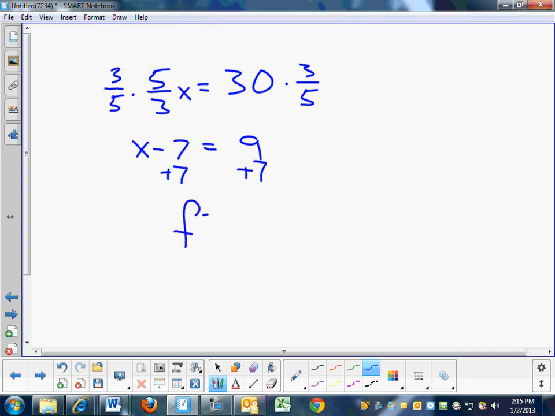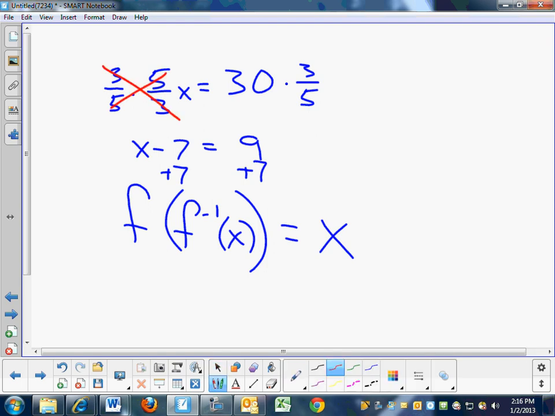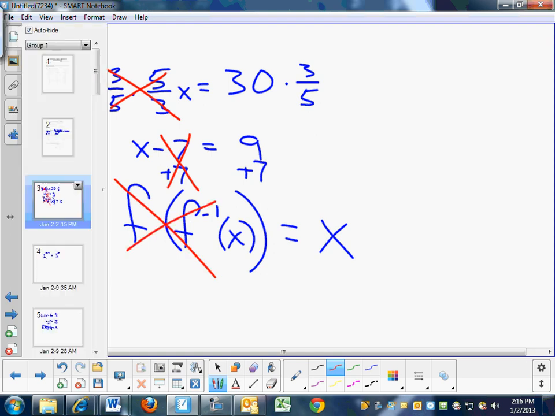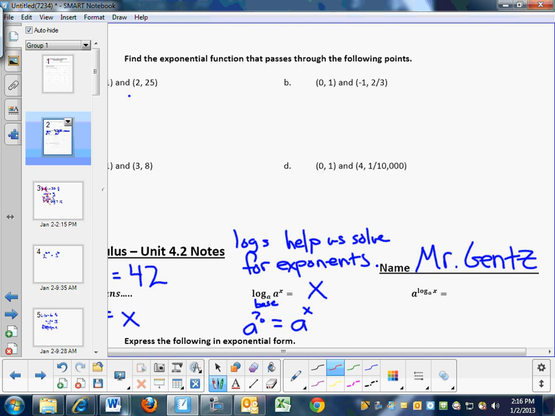If you want to solve for this, you can take the function value of both sides and you will get x. Notice that the plus 7 and the minus 7 undo each other, right? And the f and the f inverse undo each other. That is also true with logarithms.